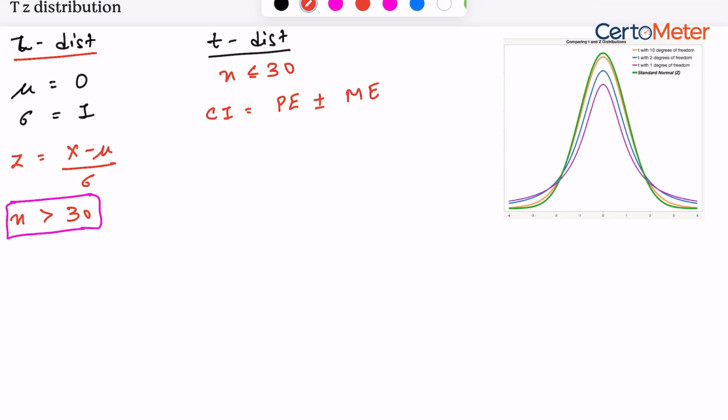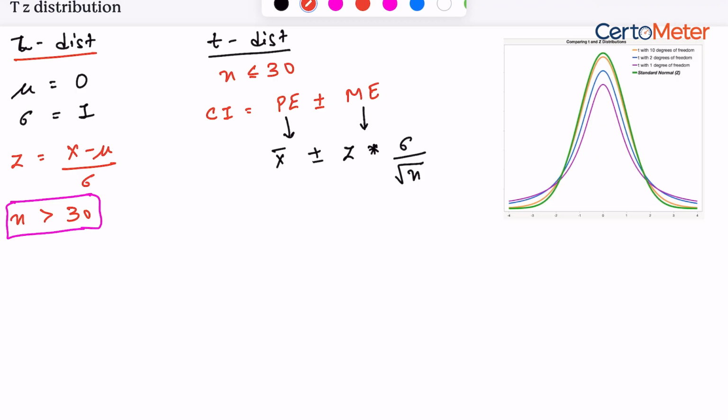This we have covered in the last video, where this point estimate is nothing but my sample mean, and the margin of error used to be calculated as Z score multiplied by the standard deviation of the population divided by the square root of your sample size. So this is the formula that we were following earlier.